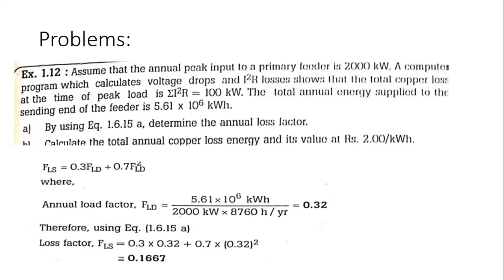Normally we use the American standard formula, that is, the loss factor is equal to 0.3 FLD plus 0.7 FLD square. In the Australian standard, it is 0.4 FLD plus 0.7 FLD square. Some countries derive other formulas relating the load factor and the loss factor, but we will follow one standard formula: the loss factor is equal to 0.3 FLD plus 0.7 FLD square.